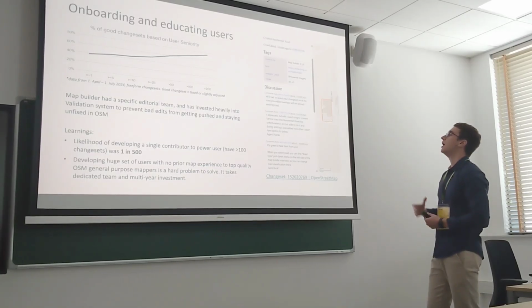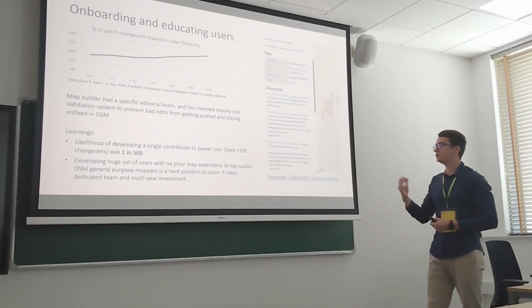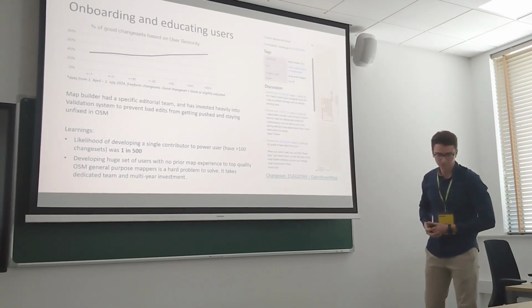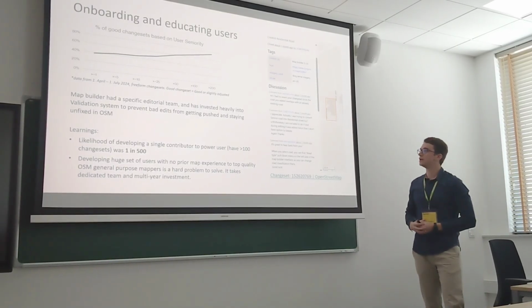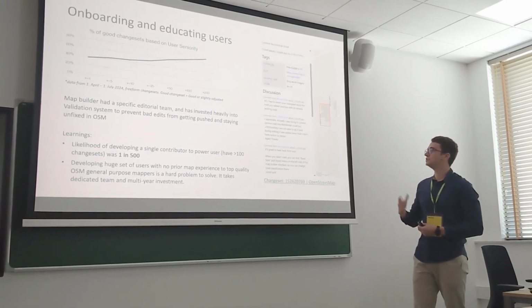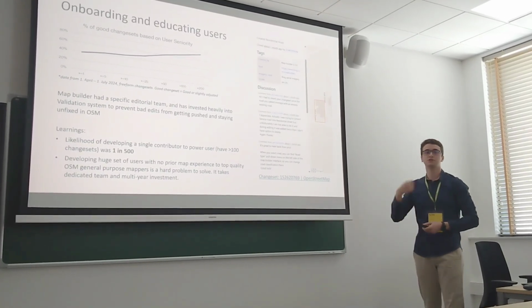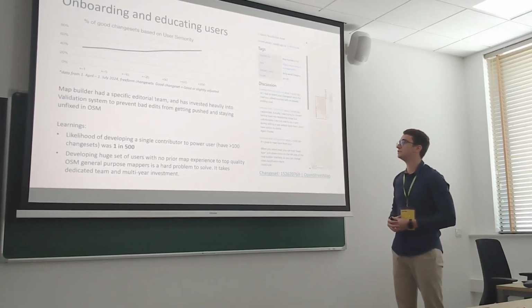We were only looking at free-form change sets, and good means good or slightly adjusted. We have an editorial team, as I mentioned, and they would judge these submissions. They would either say this is good with slight adjustment, or this is reverted. So we can see the results of these judgments.